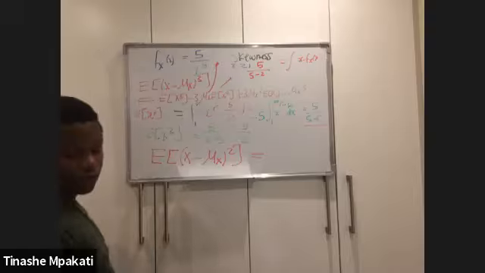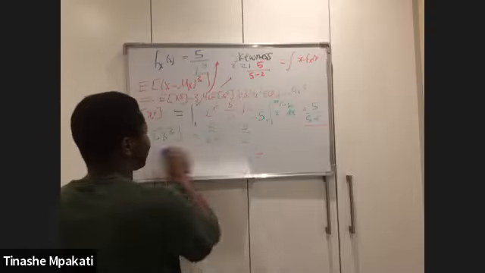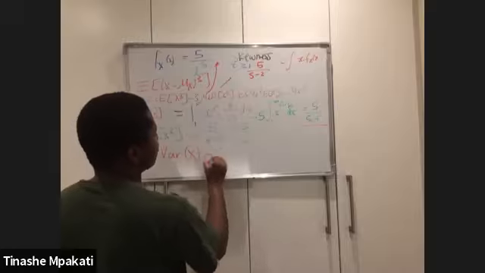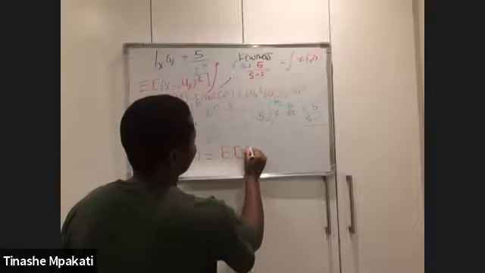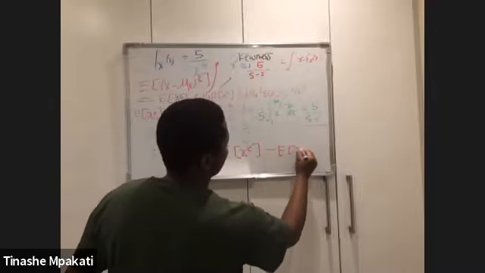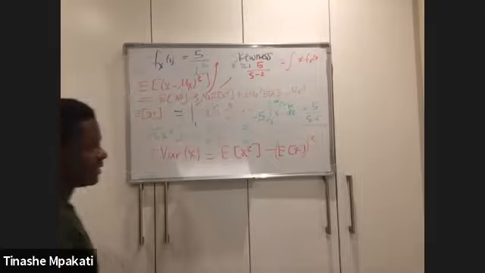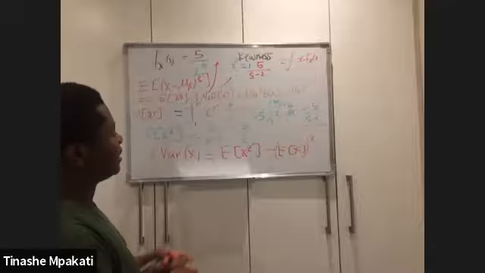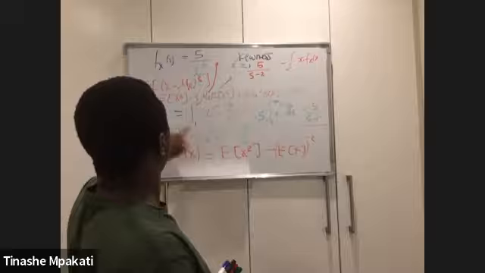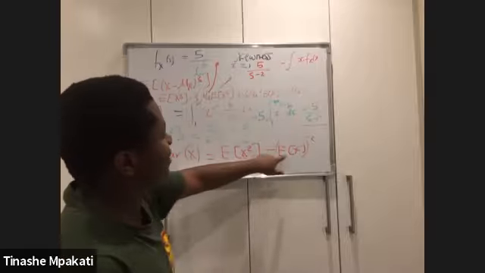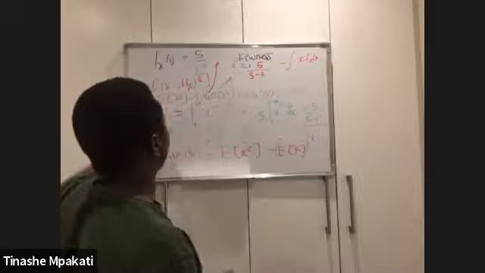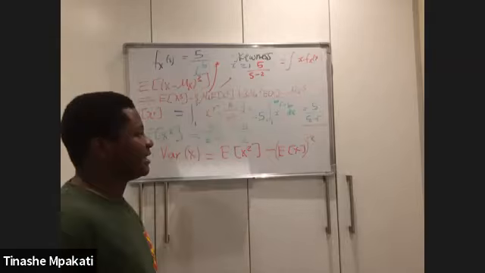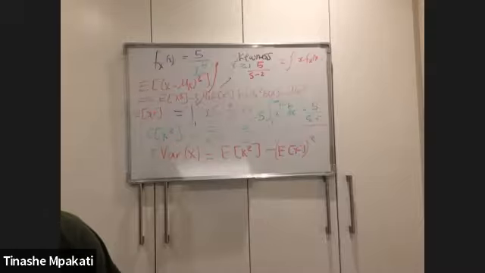Or if you do not want to do that, we also know that your variance of x is equal to the expectation of x squared minus the expectation of x, all squared. So instead of using the unstandardized moment, you can just do this. We know that this you can get from that, and this expectation of x you would have gotten by letting your r equal to 1, and that's just being equal to whatever you get there. So you can always use that to find your variance.